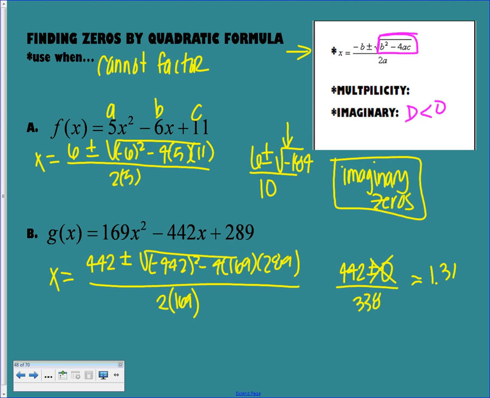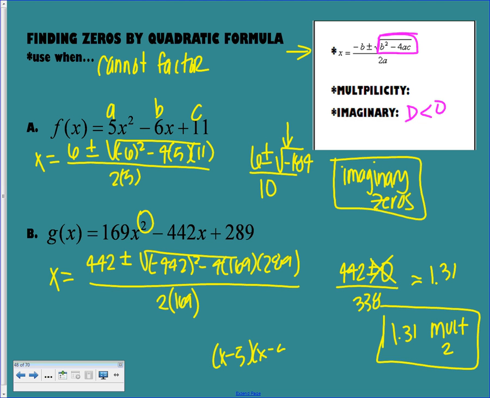Here I'm supposed to have 2 zeros and I only have 1. What this is called is multiplicity. We say 1.31 has a multiplicity of 2. What that means is it just crosses at that same place twice. This might look familiar if you had an x minus 5 and an x minus 5.